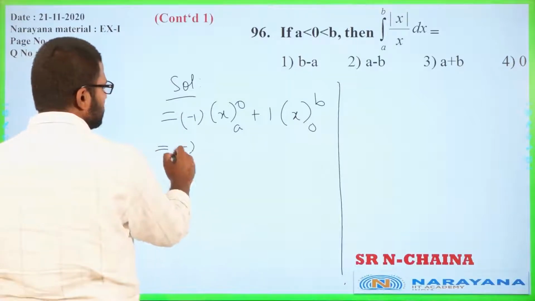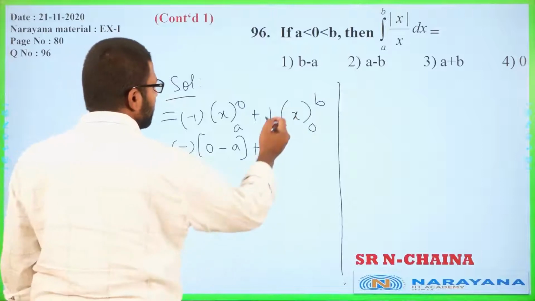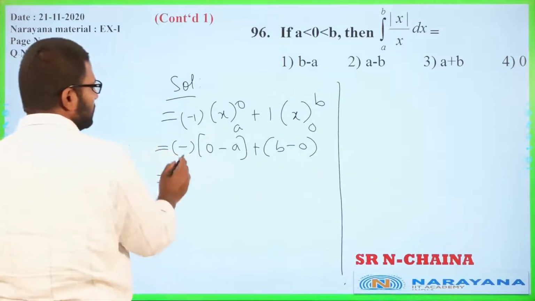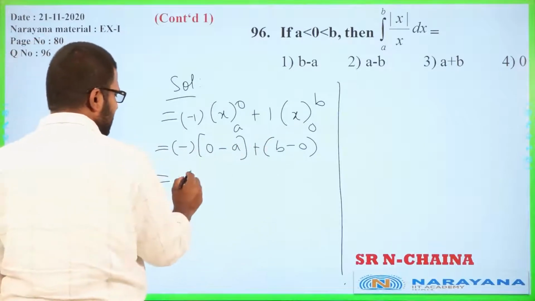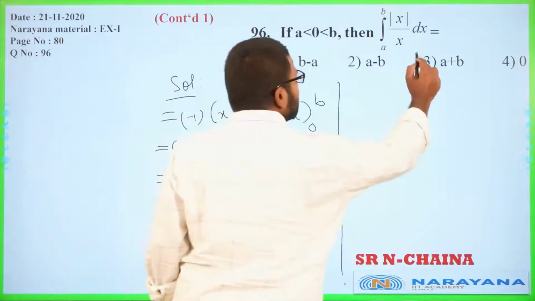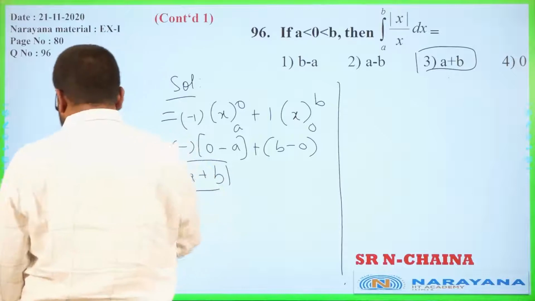So this is minus of 0 minus a plus b minus 0. So totally this is plus a and then plus b, a plus b. This integral is a plus b, right? Yeah, okay. Let us proceed then.